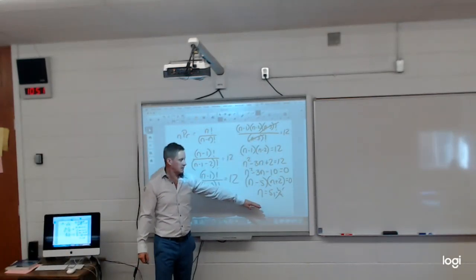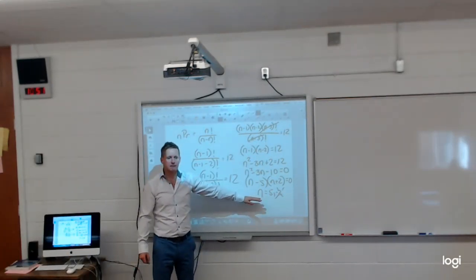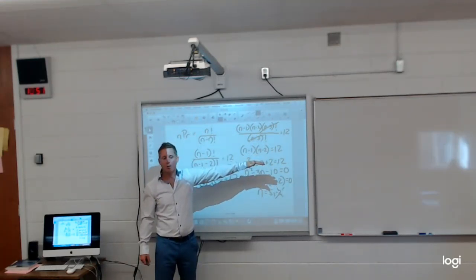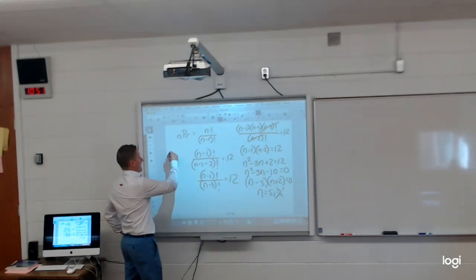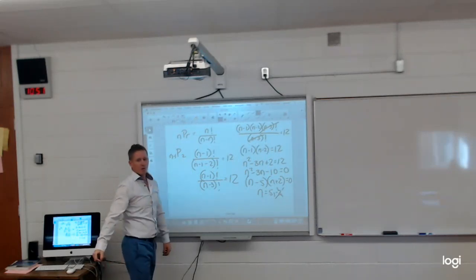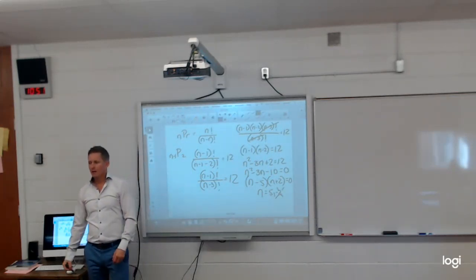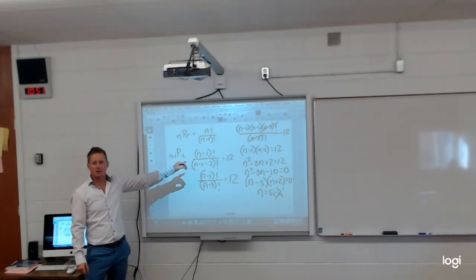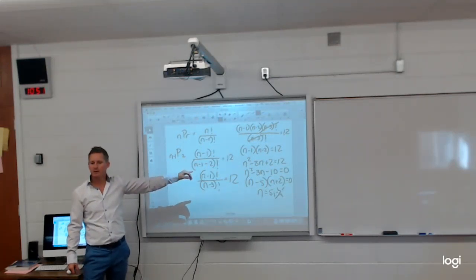You do all this because that's the way your brain thinks. Excellent. Trial and error is no problem. I could have trialed and errored right here as well. I could have just stuck in a number here until I got to 12 and used my calculator.